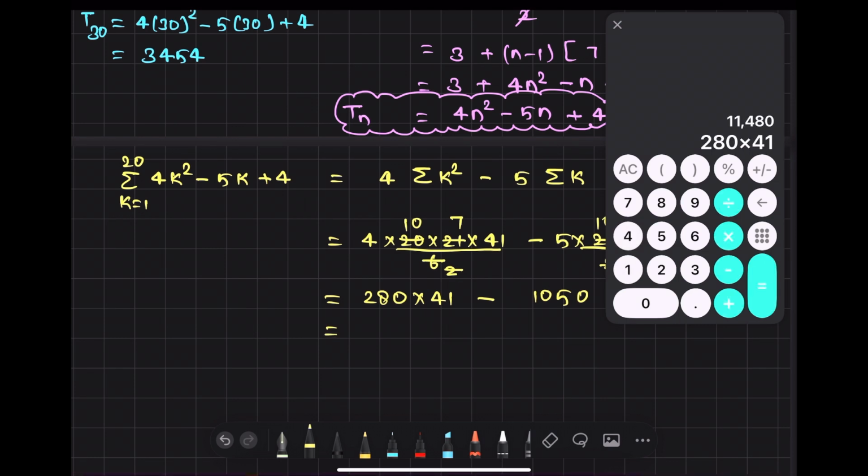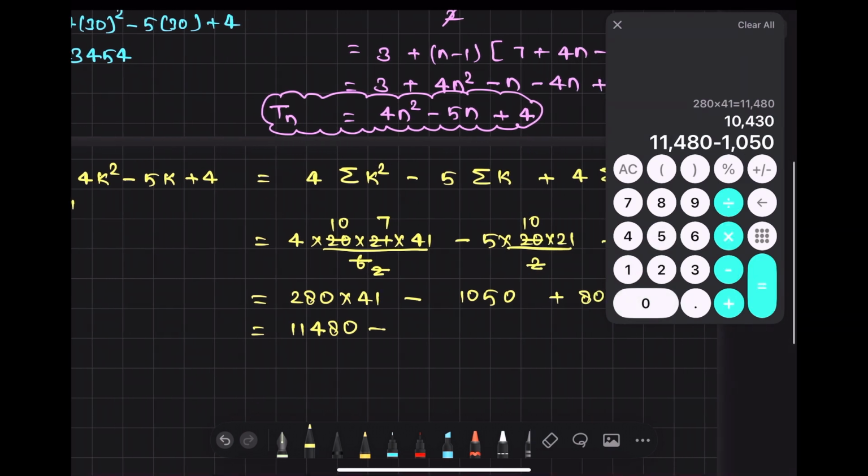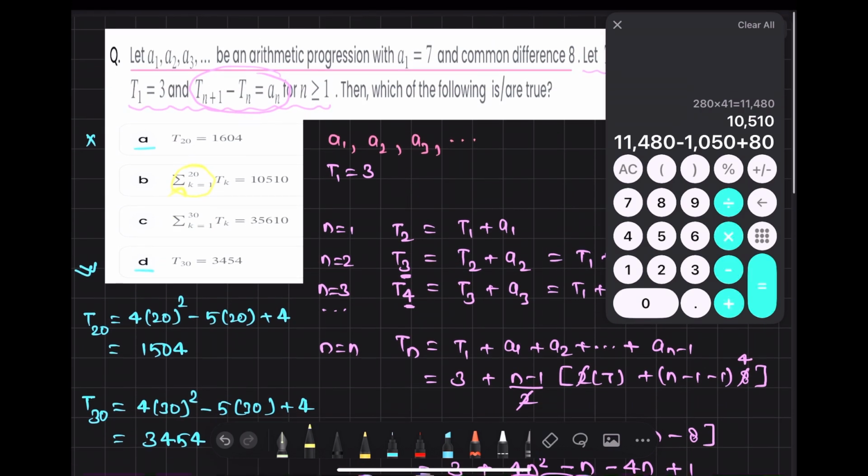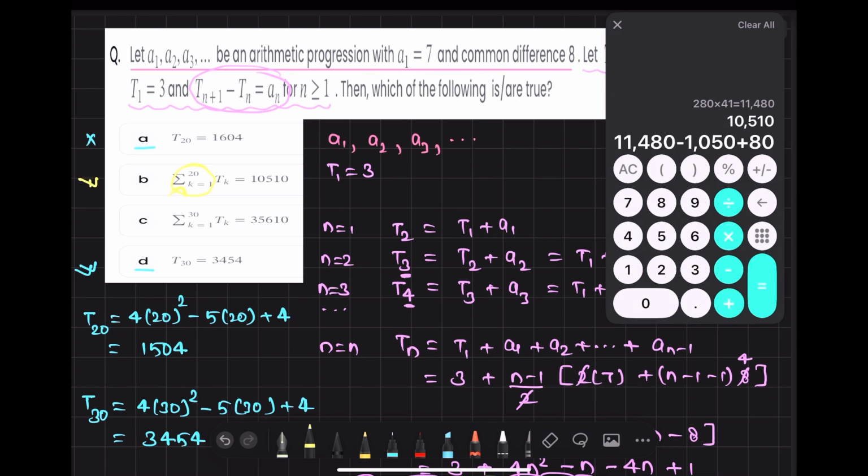So we got 11480 minus 1050. Then we have plus 80. So we got 10510. Yes, option B is correct.